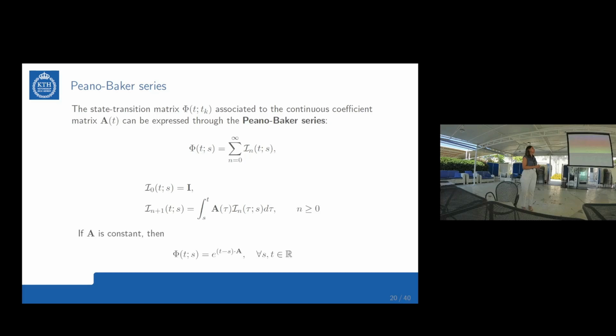And if you perform the computations with a constant matrix, you get the exponential matrix that we saw before. So the results are in accordance. The constant case, of course, is a particular case of the general one. So if we have a constant coefficient matrix, then the state transition matrix is the exponential matrix.